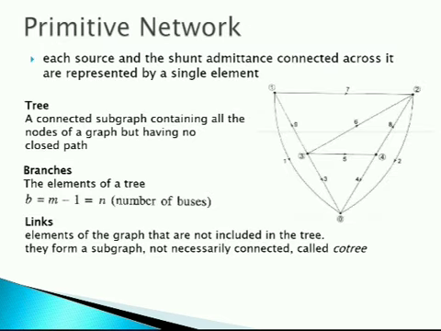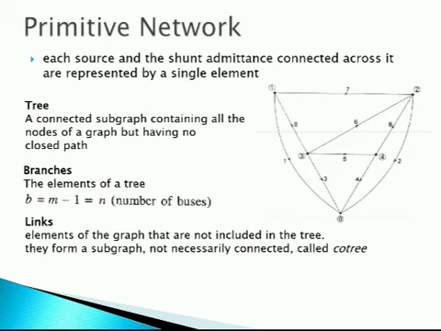See, this is an example of an oriented graph. How many nodes are there? There are actually 5 nodes, of which one node is taken to be the ground. So there are 5 minus 1, 4 nodes.